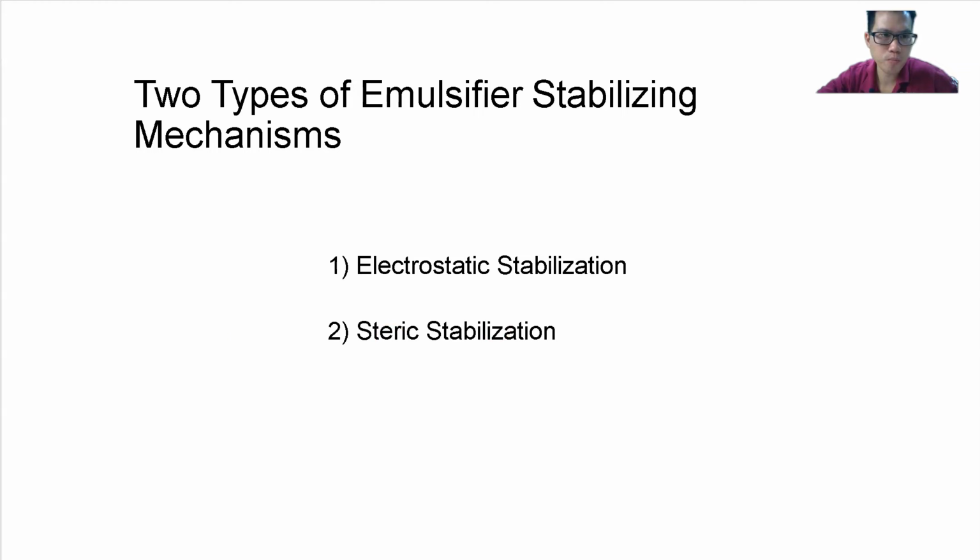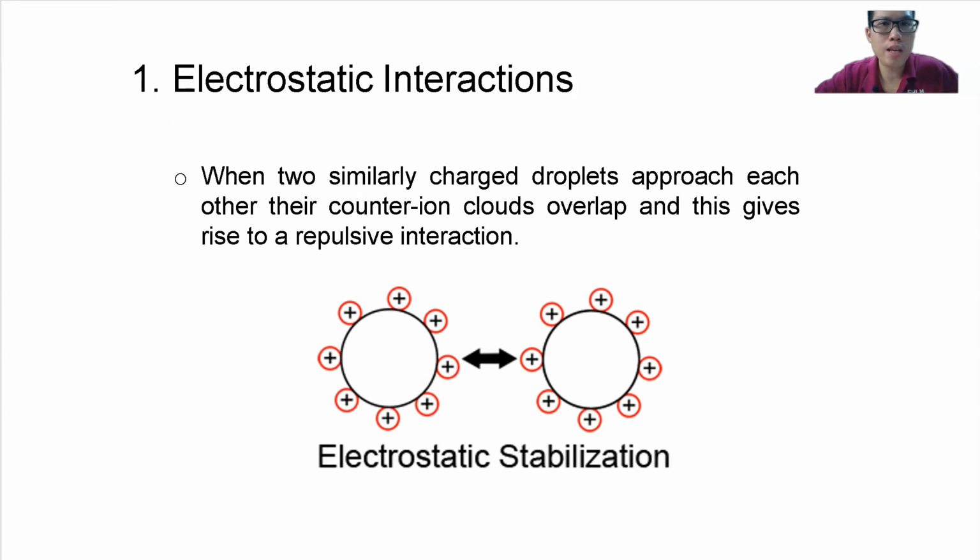Okay. Again, it really depends on the emulsifier molecules here. What is the structure? Does it contain charge? Is it very long? Is it a bulky one, or so forth? Let's look at the first stabilization mechanism for the emulsifier. Electrostatic interaction is when the emulsifier adsorbs at the interface, and one region sticks out from the oil or water droplets.